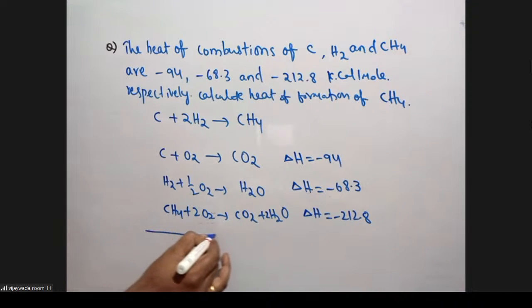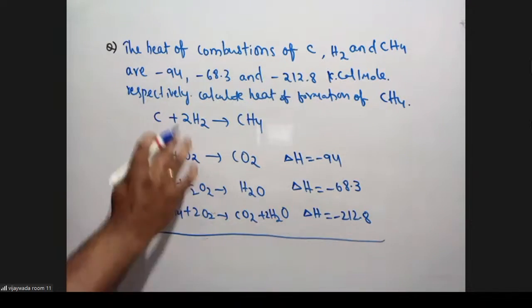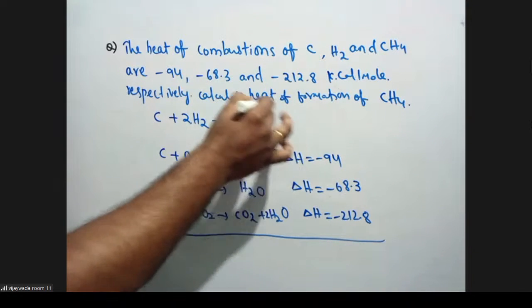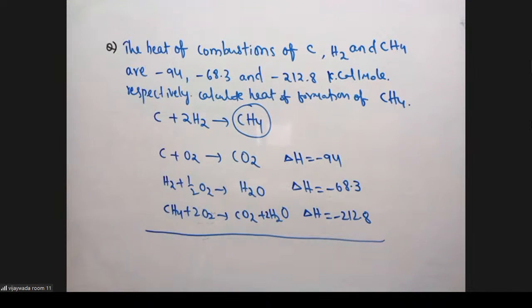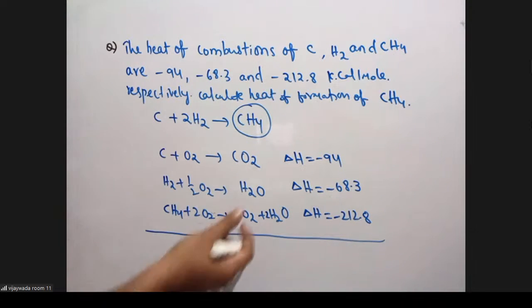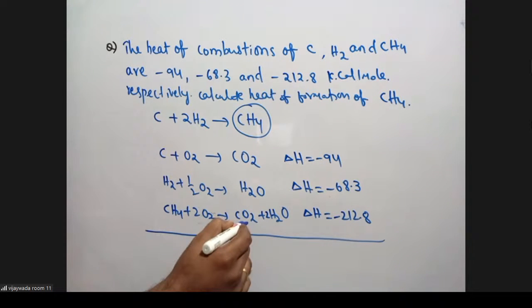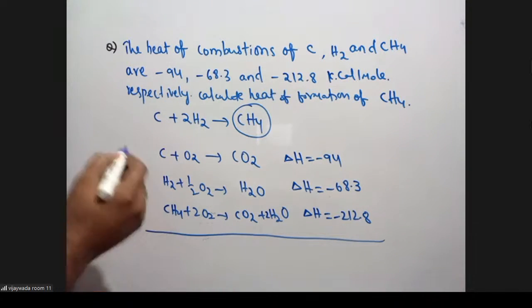So how can we get this equation? By taking all these equations. Students, if you observe, CH4 is actually on the right side, but in the combustion equation it is on the left side. We must reverse this equation. If you reverse it, CH4 will be on the right side, and CO2 and H2O will be on the left side.